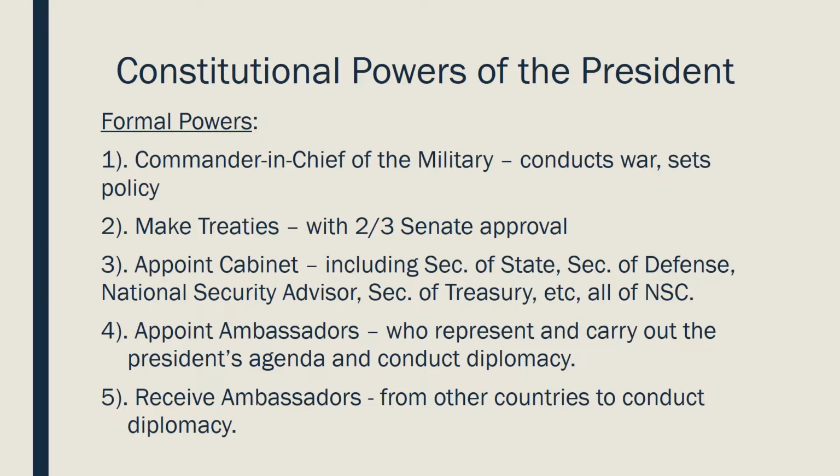Appointing ambassadors, those people who will represent the United States abroad and also represent the president's policy priorities abroad and conduct the diplomacy of the United States, falls under the formal powers of the president. Receiving ambassadors from other countries is also an aspect of presidential power. Other countries' official representation is directly to the President of the United States, not to other branches of government such as Congress.